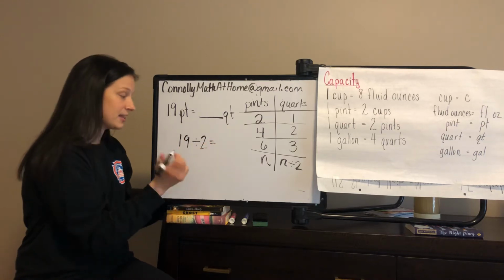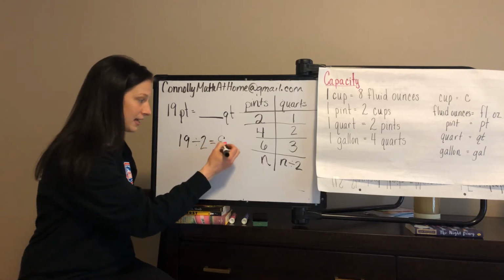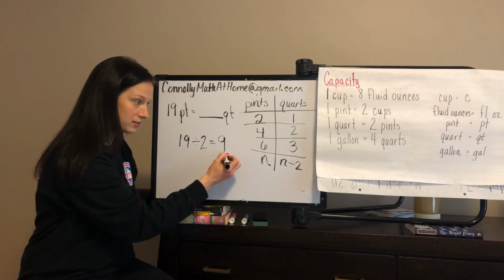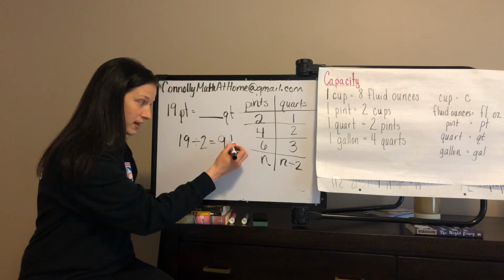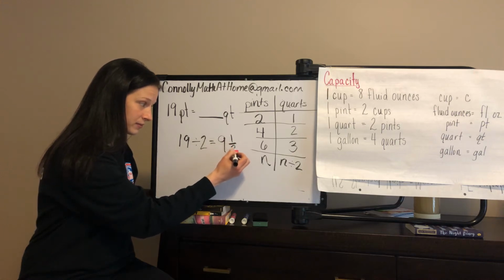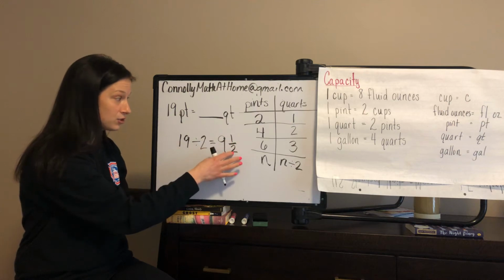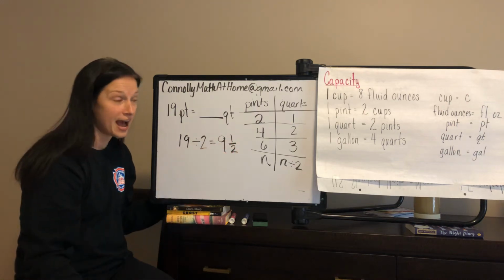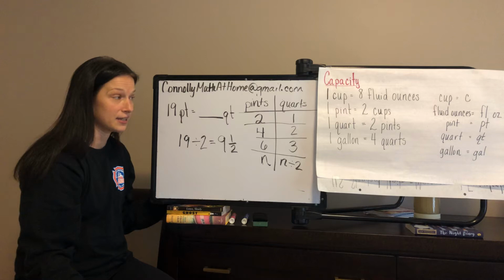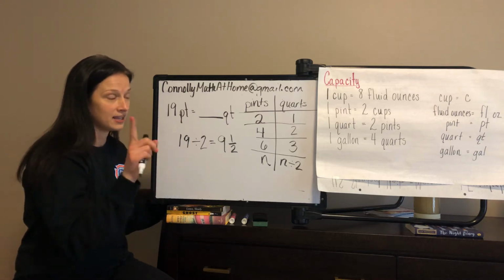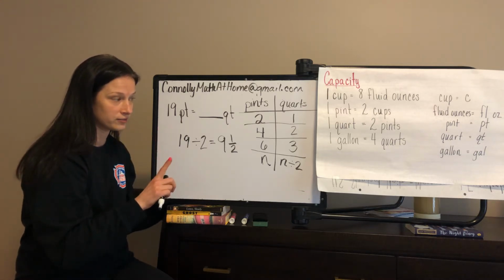I know that that is 9 full quarts, 9 full groups of 2, and then I have 1 left over. So I have 1 out of the 2 pints left over, which is a half of a quart.